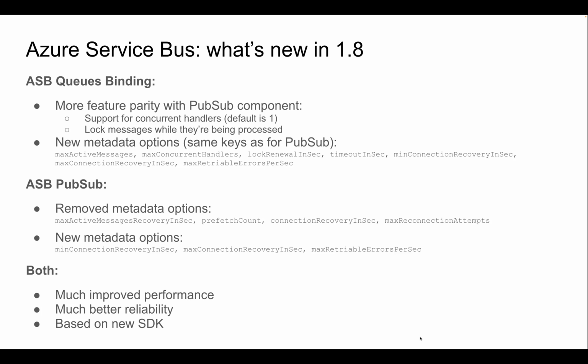For both the PubSub component and the binding, you will see much improved performance and much better reliability, especially in the case where the connection to Service Bus fails or there are some transient failures. Now the components will be much more resilient and will handle failures in an easier way. All of this is in large part thanks to the new SDK. We want to thank the Azure SDK team, of course, for their contribution and for making this possible.